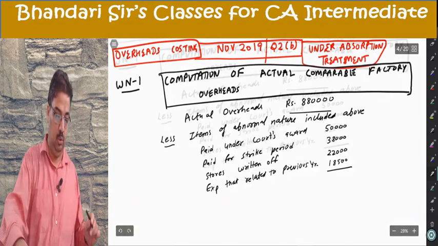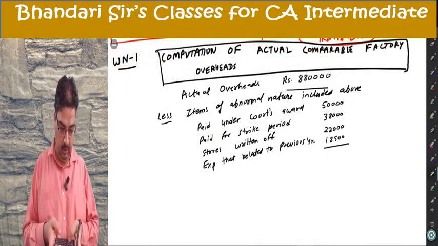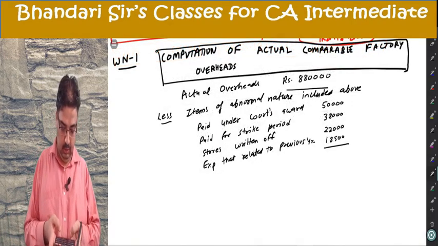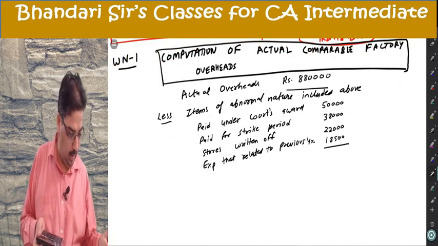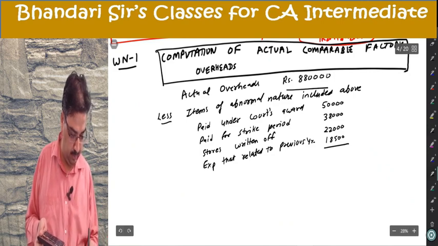I aggregate those again. 50,000, 38,000, 22,000, 18,500. I am getting 1,28,500.